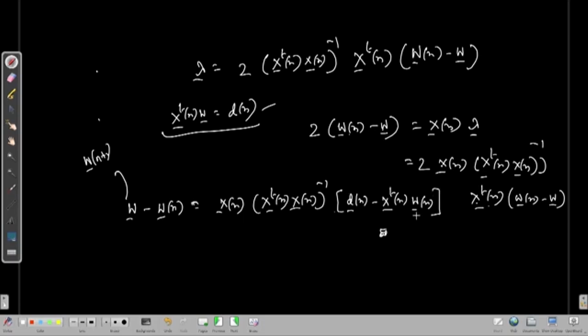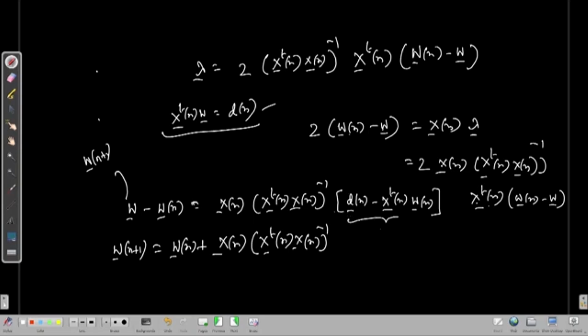All right. So, w will be what? That I will equate as w n plus 1. So, the update equation will be this. I am taking it to the right hand side, plus X n. This vector d n is a vector, X transpose n w n, that is also a vector. This vector, let me give a name E n.